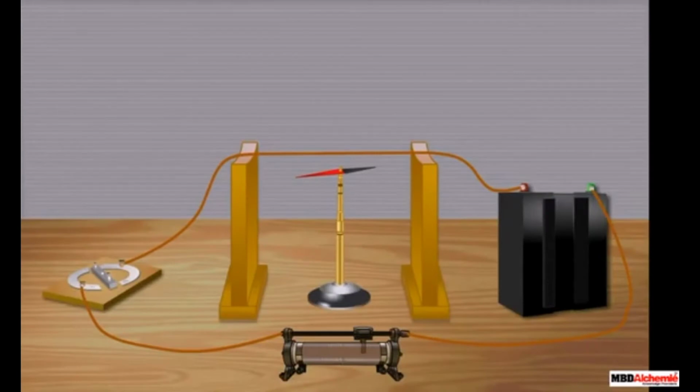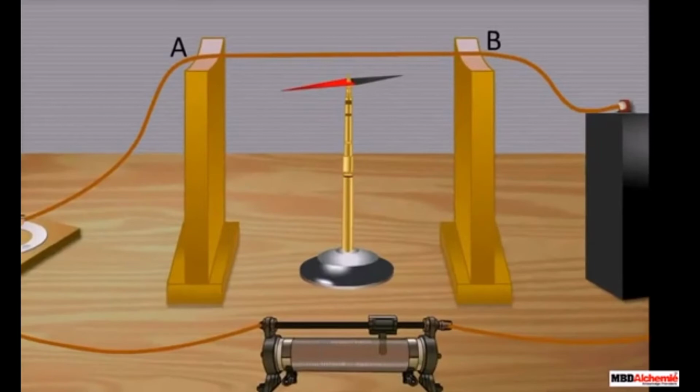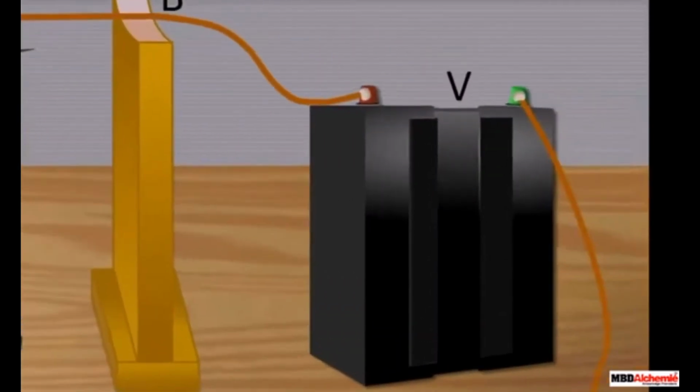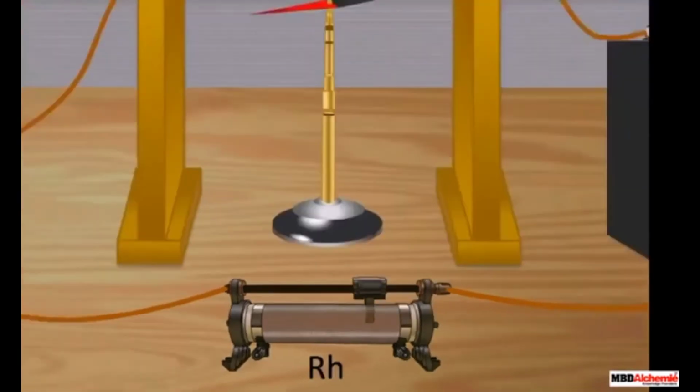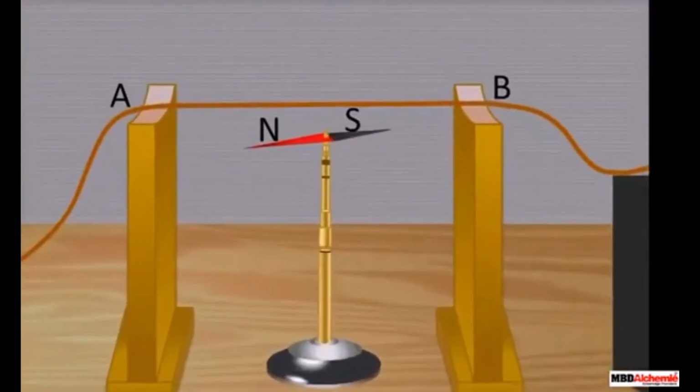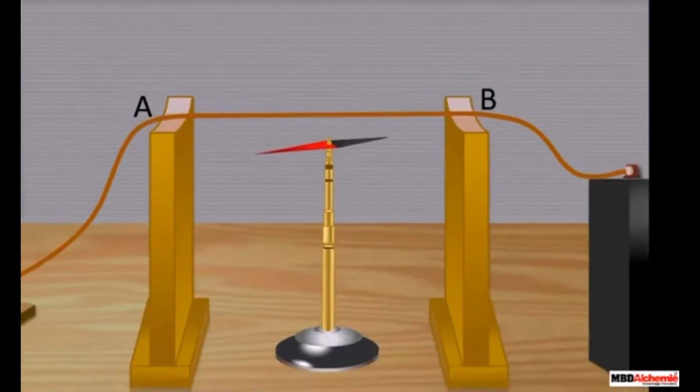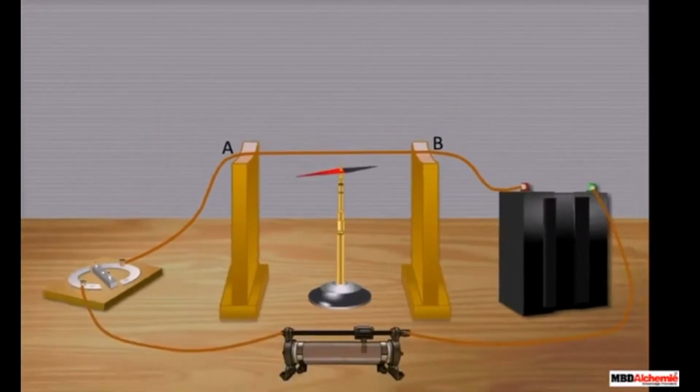A conducting wire AB lying in north-south direction is connected to a battery V through a tapping key K and rheostat RH. A magnetic compass needle NS is placed just below the conductor AB. Initially, when no current passes through the wire AB, the magnetic compass needle shows no deflection.